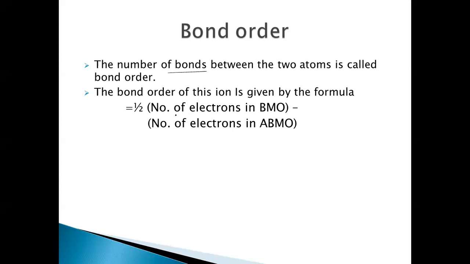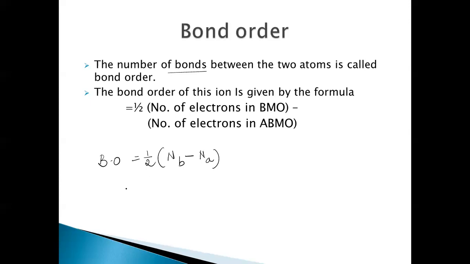If the number of electrons in the bonding molecular orbital is represented by Nb and the number of electrons in the anti-bonding molecular orbital is represented by Na, then bond order is half of (Nb minus Na). This is the formula for calculating the bond order of any molecule or ion.